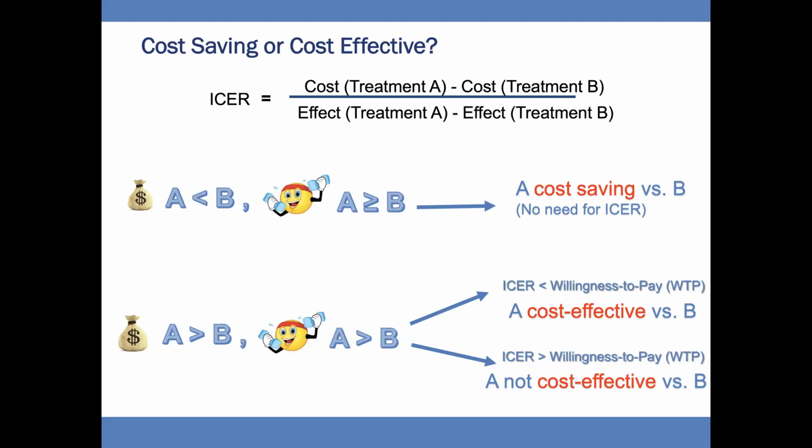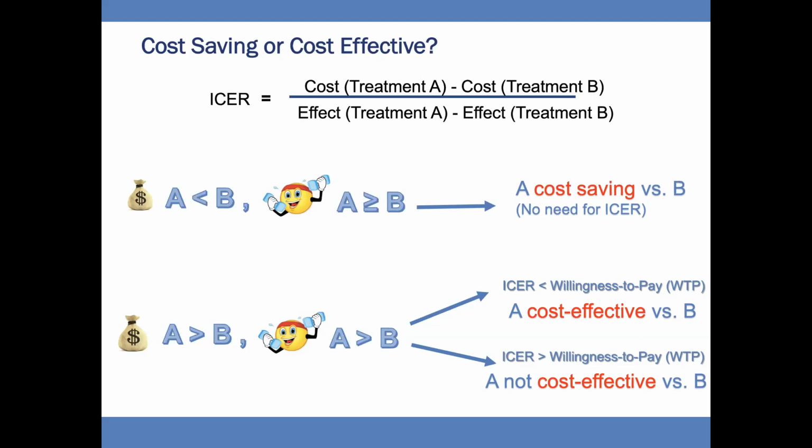And if the price is too high, and in this context, more specifically, higher than the willingness to pay, then we're going to say, look, this technology is too expensive. In other words, it's not cost effective, right? And if the ICER is lower than the willingness to pay, then we say, yeah, look, this is good. The price of the new technology is reasonable, so it's cost effective.